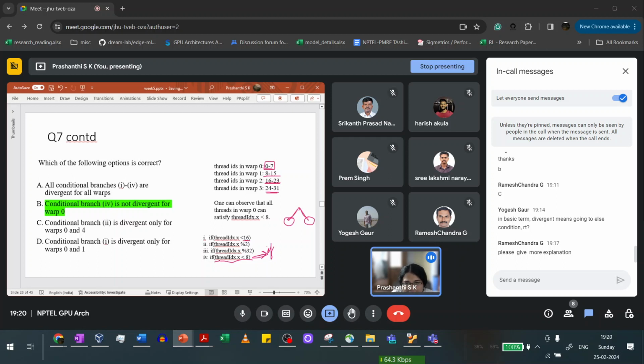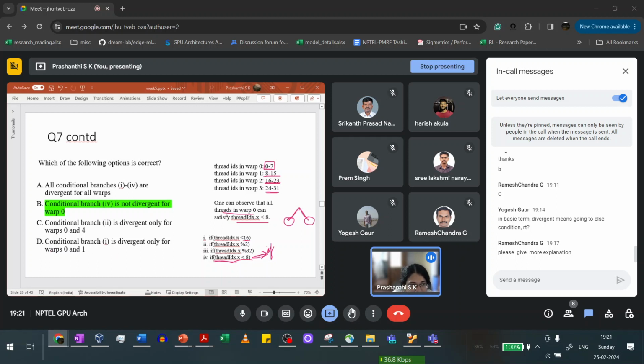So in this case, for warp 0, condition branch 4 is not divergent, because all your threads in warp 0 satisfy the condition. They all fall to the if branch. So you can try evaluating this for the rest of them and see which, if any, of the others come out to be true. They won't, but this is good practice for you to understand how to do this.